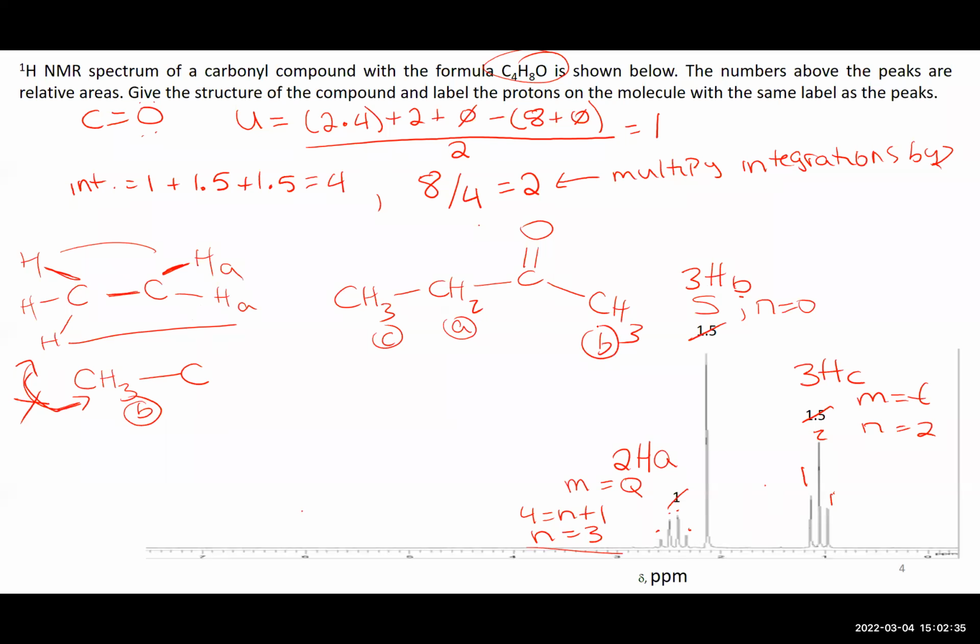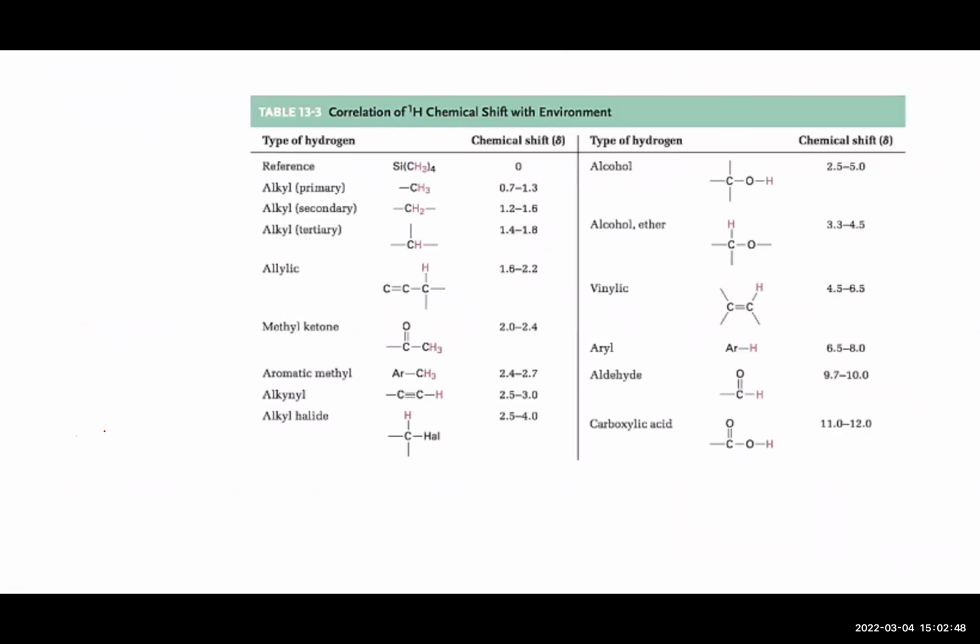Okay. So now that I proposed the molecule, I'm going to look at the chemical shifts and make sure that they make sense. So I'm going to go to my tables, to the next slide here. Draw the same molecule, CH3, CH2, CH3.